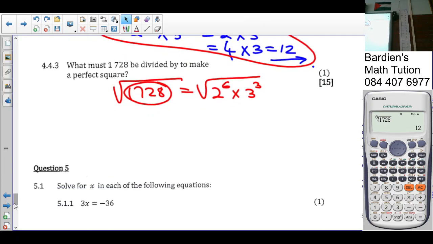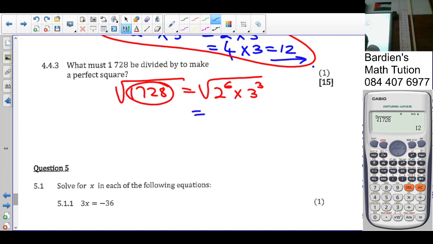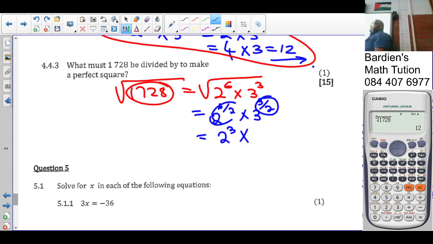So if I apply the square root here, it is going to be 2 to the 6 over 2 times 3 to the 3 over 2, which gives us 2 to the 3 times. Now can that be taken there? No. So this has to be what? It has to be an even number. Not so?